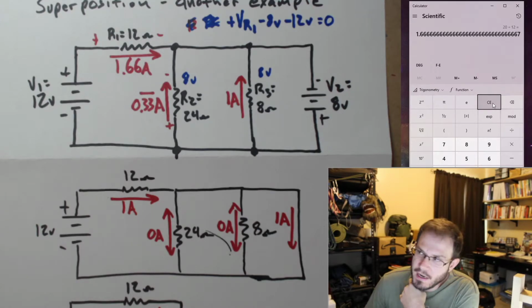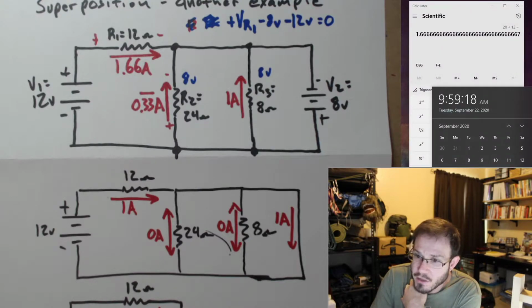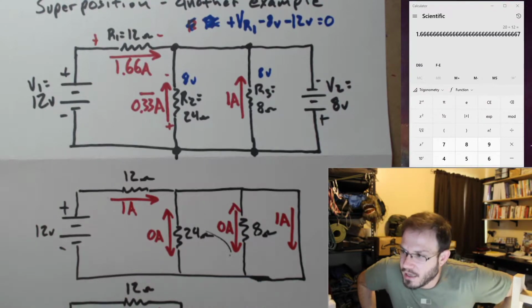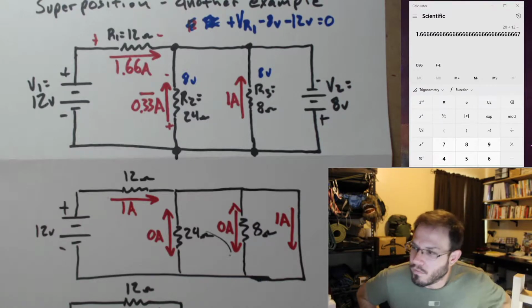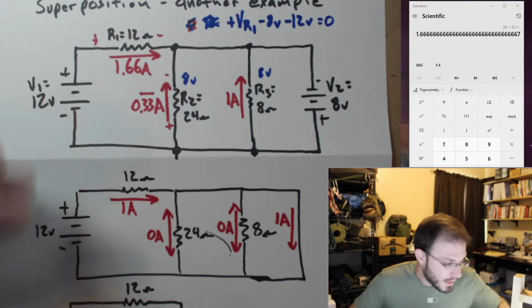Let's go ahead and do the first exam on Thursday. Next Thursday. What day is it today? Today's Tuesday. So actually we will be able to cover Thevenin equivalent circuits on Thursday. This Thursday.